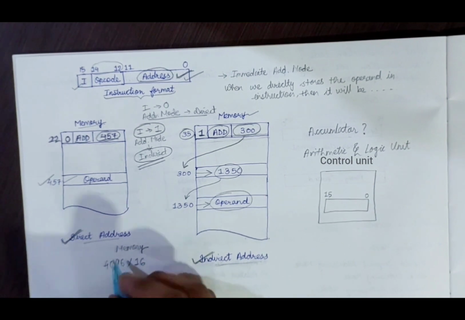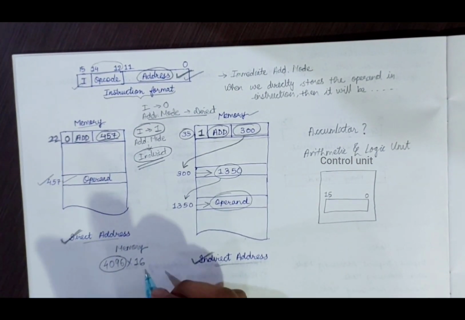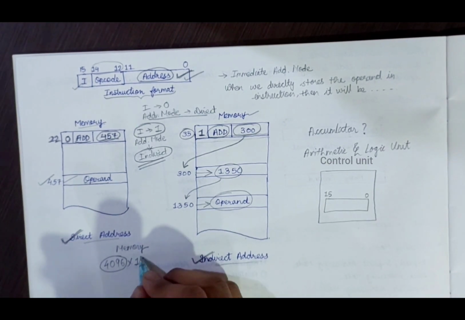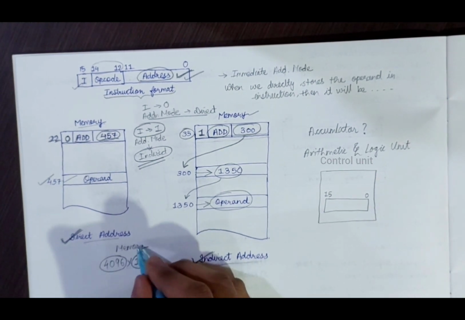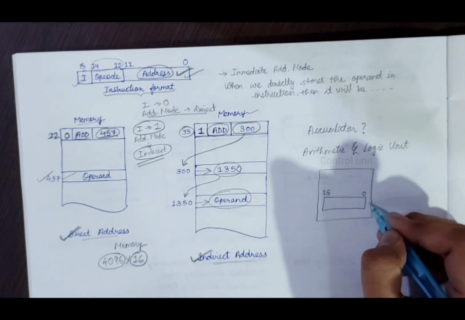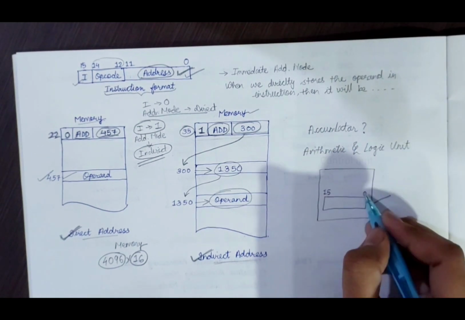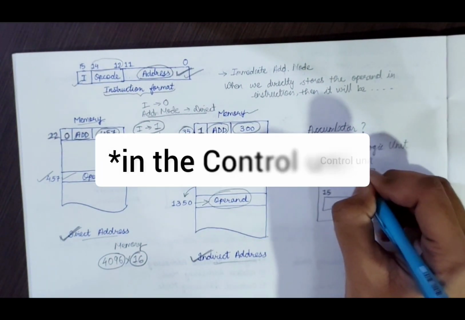Here there are 4096 different locations where each register is of 16 bits. So from the memory size we came to know that each register will be of 16 bits, and the accumulator will be of the same size, that is 16 bits, numbered 0 to 15 in the ALU.